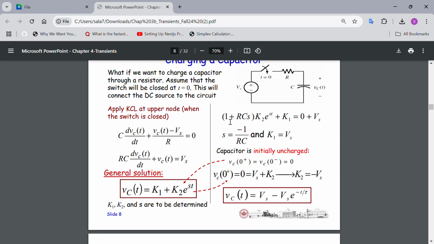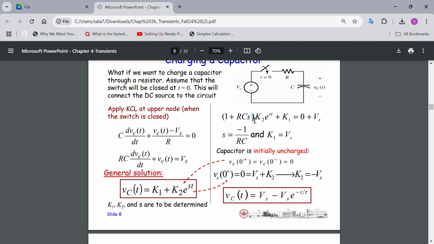If we take the first derivative of this, it is going to be k2 s e to the st. This is going to be substituted into the RC equation, substituting the exact value of Vc into the equation.